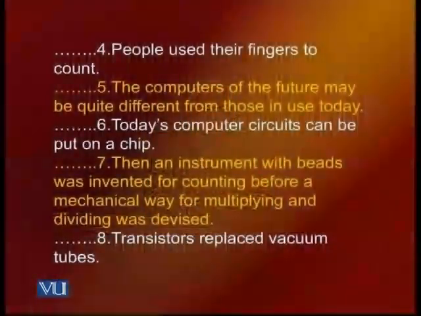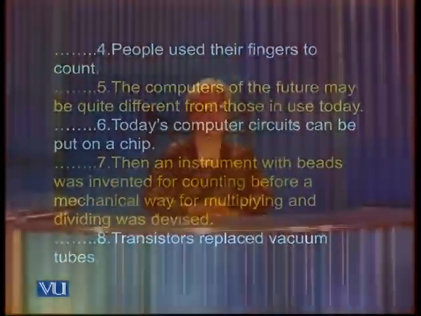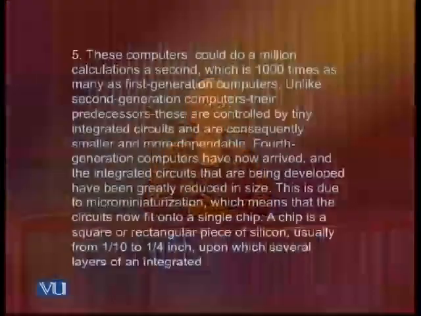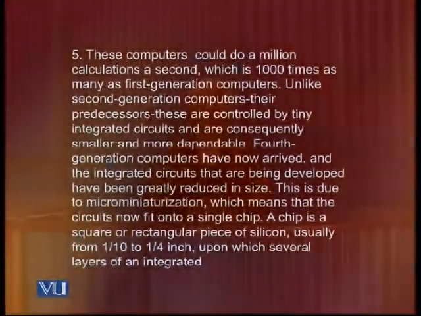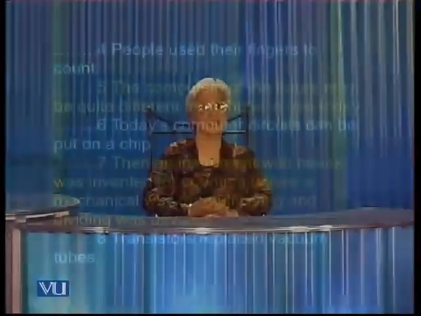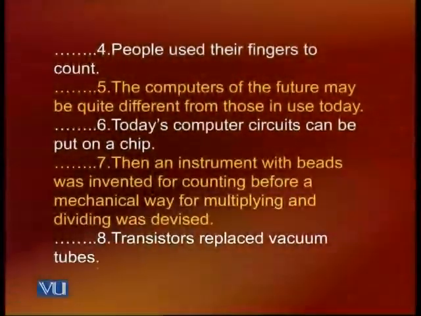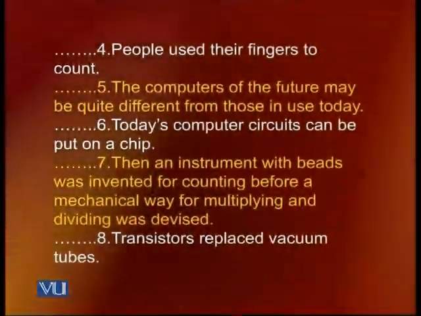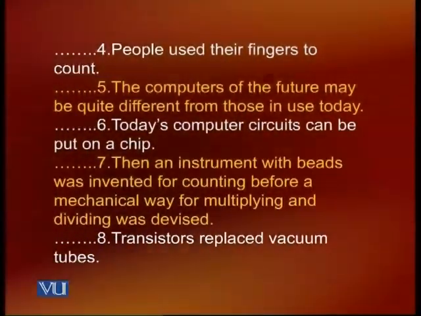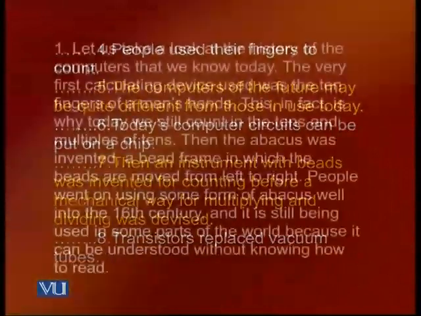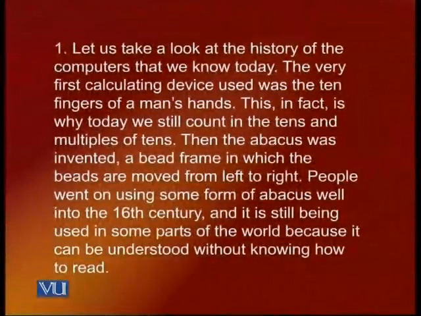Number 6. Today's computer circuits can be put on a chip. For this, look in paragraph 5. Statement number 7. Then an instrument with beads was invented for counting before a mechanical way for multiplying and dividing was devised, where he talks about the abacus.